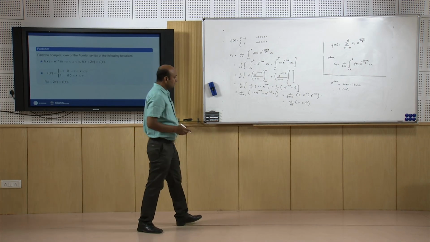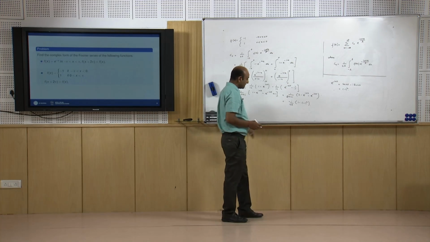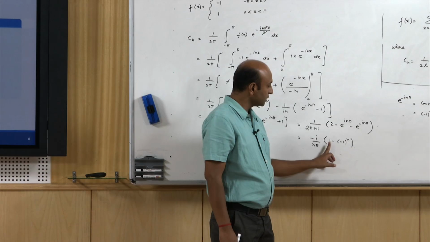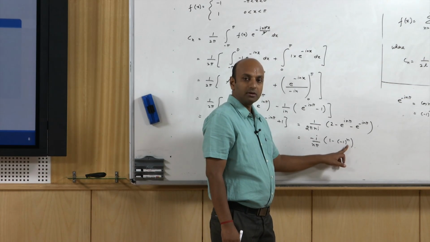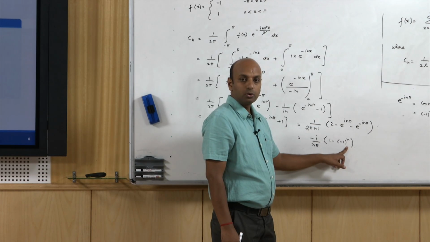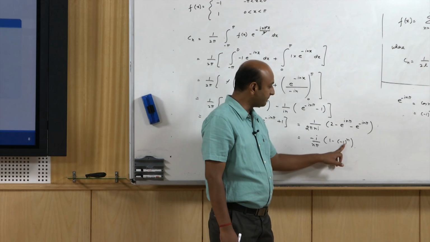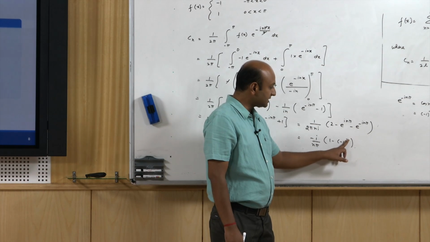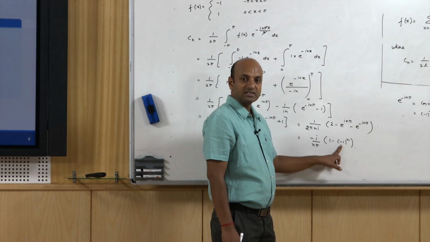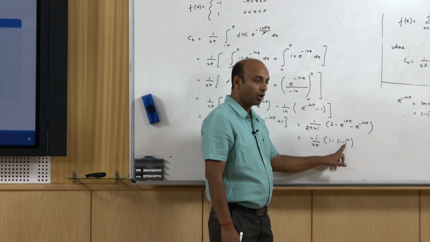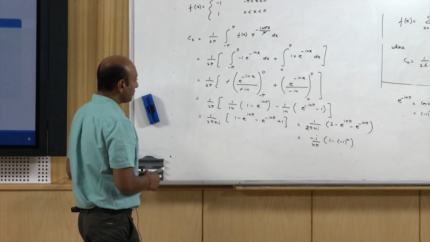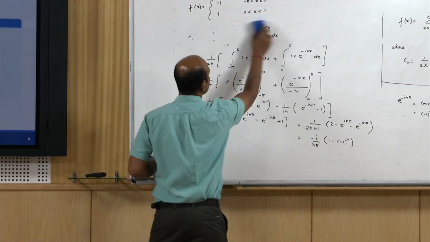You can see when n is even, it is 0, and when n is odd, it is 2. This is the expression inside the bracket. When n is even, minus 1 to the power even is 1. So, 1 minus 1 is 0. When n is odd, it is 2. So, what will be the complex form of Fourier series for this function?